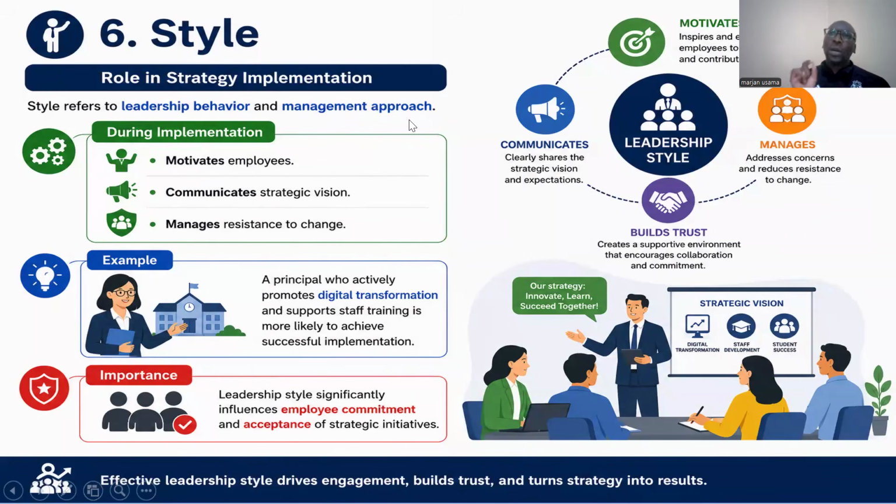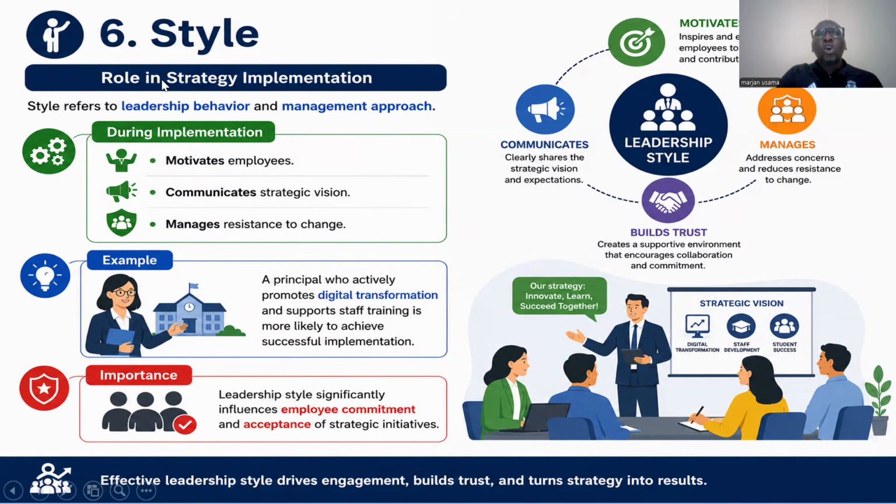If you want your strategy to be effectively implemented, you need to have good leaders. You need to have good leadership approaches. So what is the importance of this style or leadership or management approach? Number 1, it motivates employees because everything starts from the top. So as the leader, you need to do what? You need to motivate your employees so that they can implement the strategy.